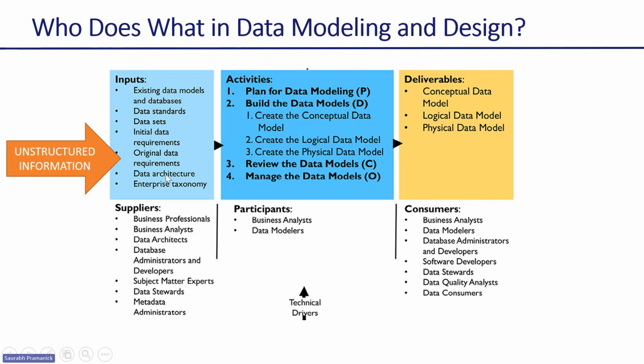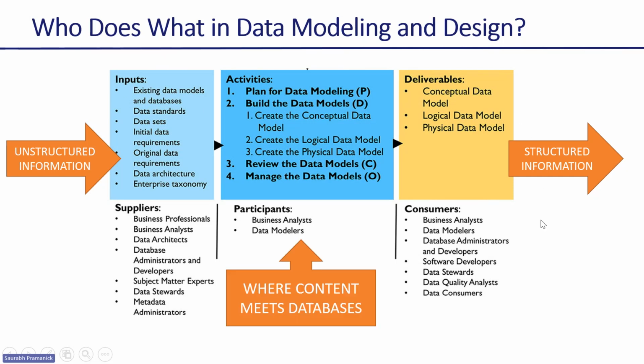So while we do this, you can see that a lot of inputs are coming in. You take these inputs, you start building, and a lot of the unstructured information that you would be collecting in the raw format, you start putting into more structured information. And data modeling has also evolved over time, where initially it was more associated with structured data, but now we have unstructured data and NoSQL data, so non-relational data as well.